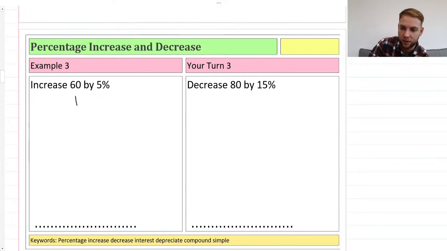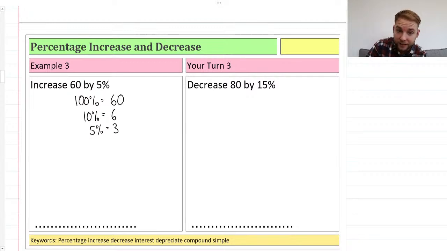Well, our starting point here is that 100% is equal to 60. So, if I want to find 5%, I'm going to find 10% first by dividing by 10, which is 6. To find 5%, I need half of this, which is going to be equal to 3. And if I'm increasing by 5%, it's going to be 100% plus the 5%.